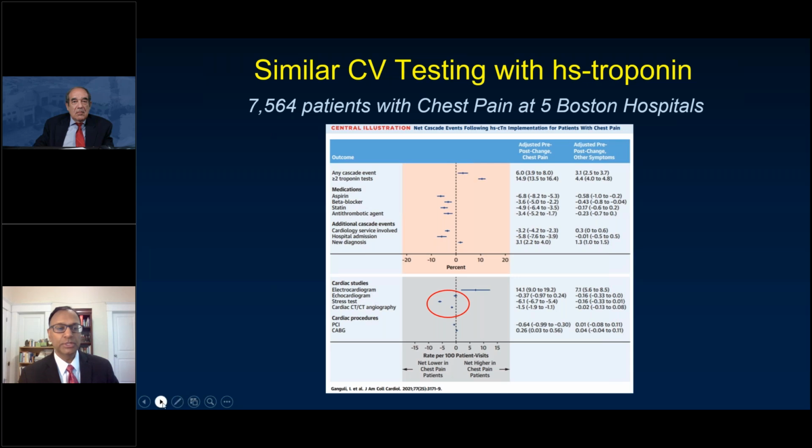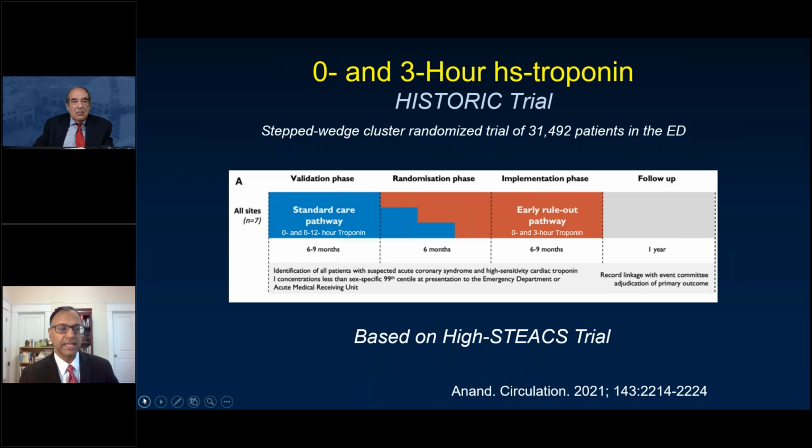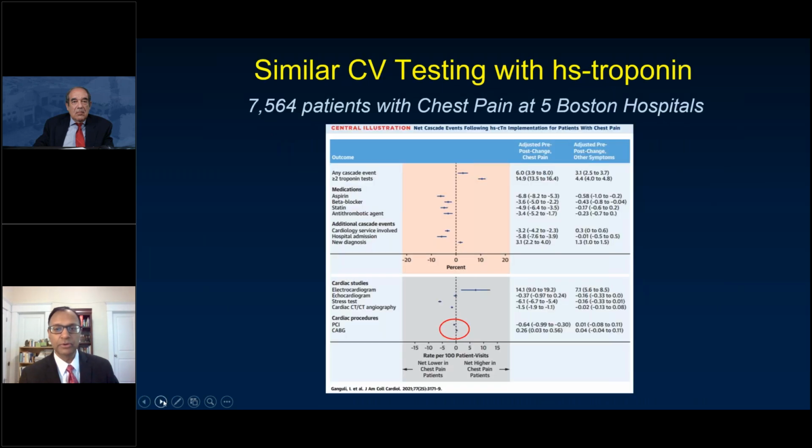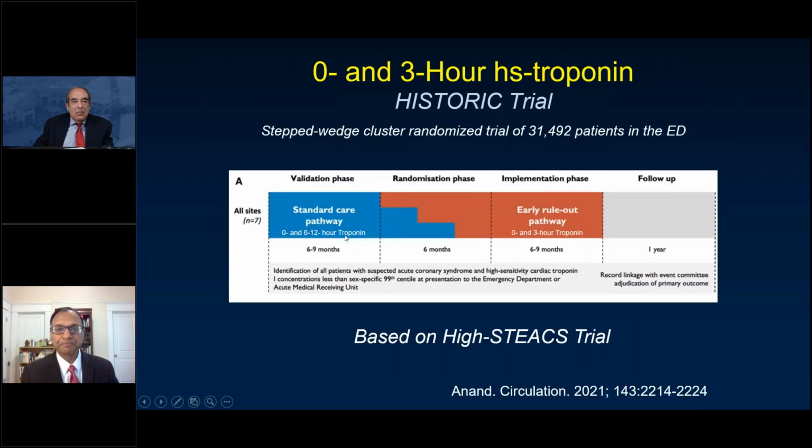And there was no change in overall PCI or CABG. And so an increase in troponin tests and ECGs, but reduced number of admissions, consults, stress tests needed, and secondary prevention medications. This is all very encouraging. There are other studies, but I think this is very representative of the data that are out there.